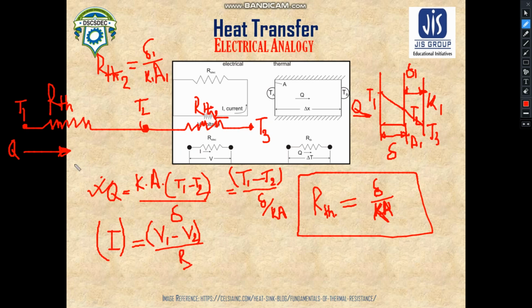Okay, so by virtue of this, we can easily create the thermal resistance formulas for different cases.